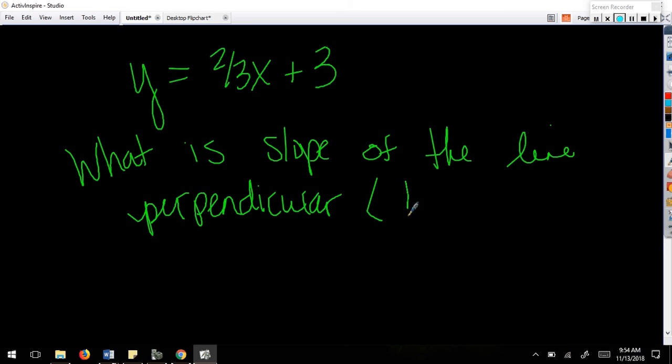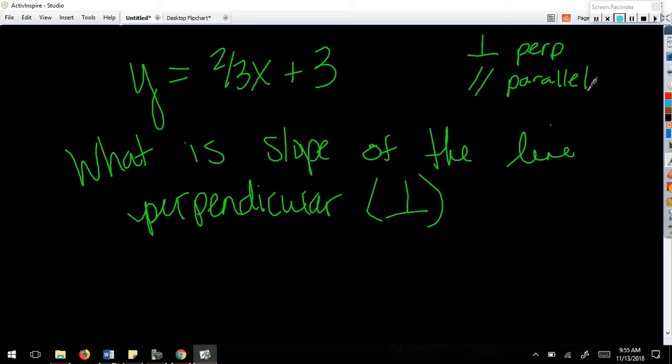By the way, I'll use this symbol for perpendicular a lot. If you see that, that means perpendicular. This means perpendicular. This means parallel. It's just a geometry shorthand that we use.